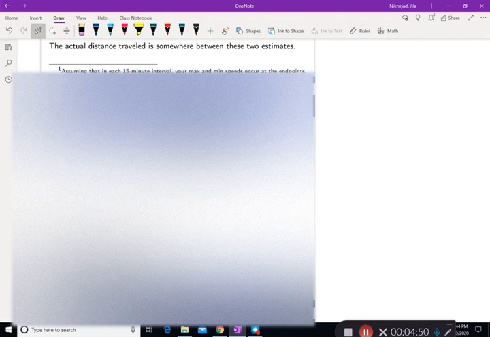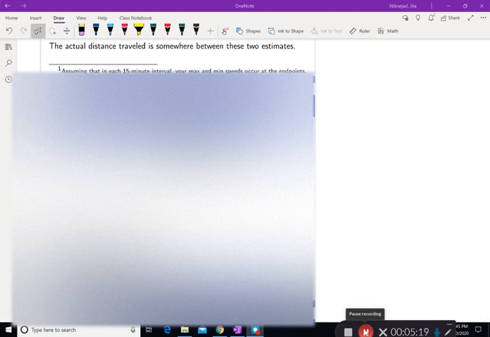Town A is 60 miles, town B is 70 miles, town C is 73 miles, and town D is 80 miles from the starting point. By estimating the minimum and maximum distance traveled, you can predict which town the car is near. Now decide which town. We stop right here and then we come back to answer.